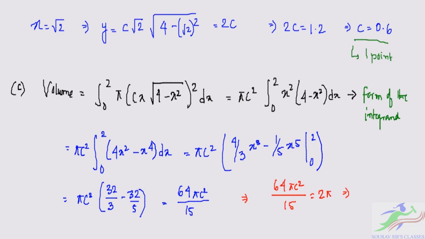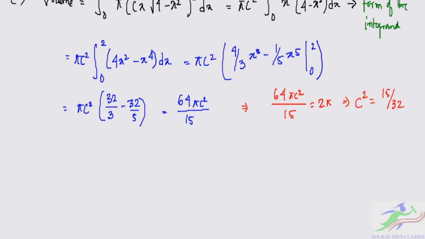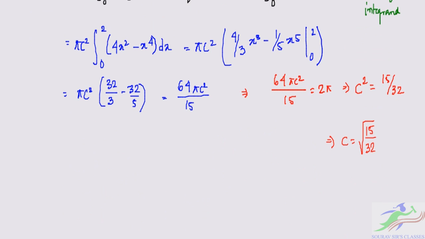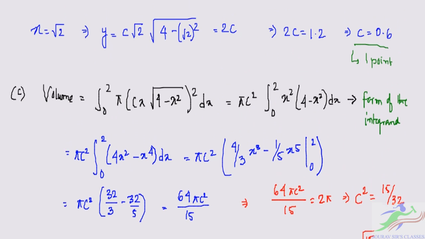So from here you can get the value of c square is equal to 15 by 32, and c is equal to root over 15 by 32. So this is the value of c, the answer for part C.